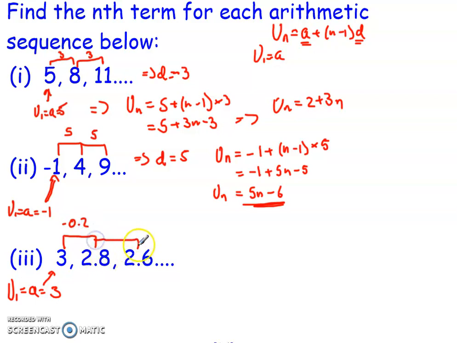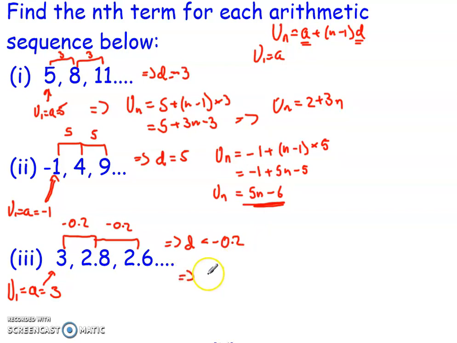I then look at the exact same thing. So 2.6, take away 2.8. Again, I get negative 0.2. So from that, I can say, fine, my d is equal to negative 0.2. We've never at any point said you can't have a negative common difference. So if the sequence is going down and decreasing each term.